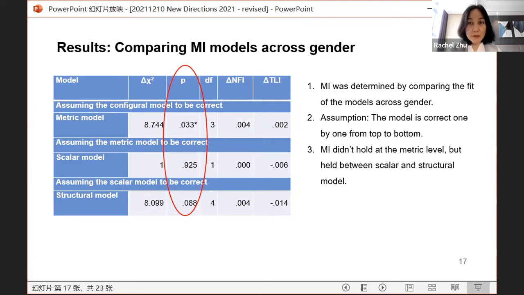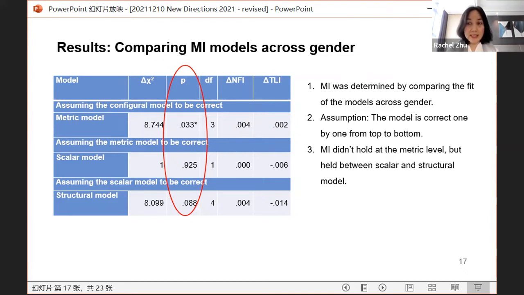So in our analysis, measurement invariance was determined by comparing the fit of the models across gender, given the assumption that the model is correct one by one from top to bottom. For example, the Configural model is the nested model of the metric model, and the metric model was compared with the Configural model by assuming the Configural model to be correct. And the results presented in the table show that the difference between the metric model and the Configural model across gender is significant.